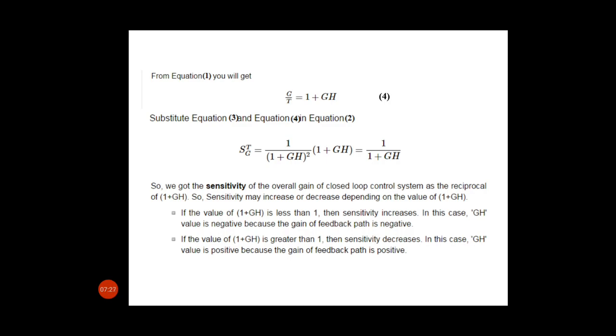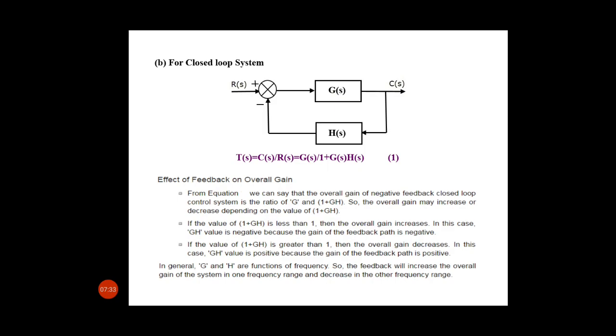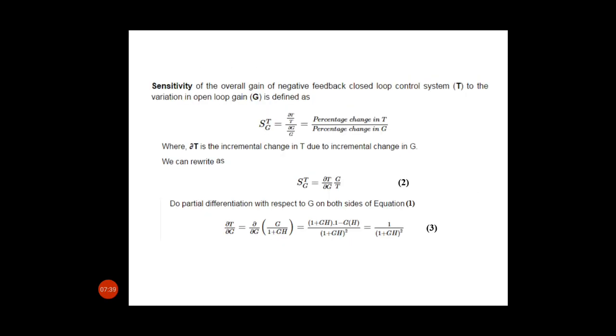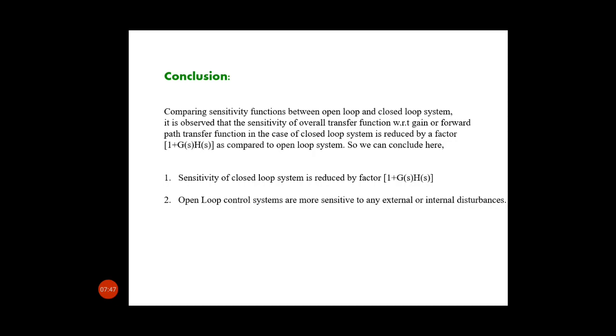Now if we compare the open loop sensitivity and closed loop sensitivity, open loop sensitivity is 1 and closed loop sensitivity is 1 by 1 plus GH.